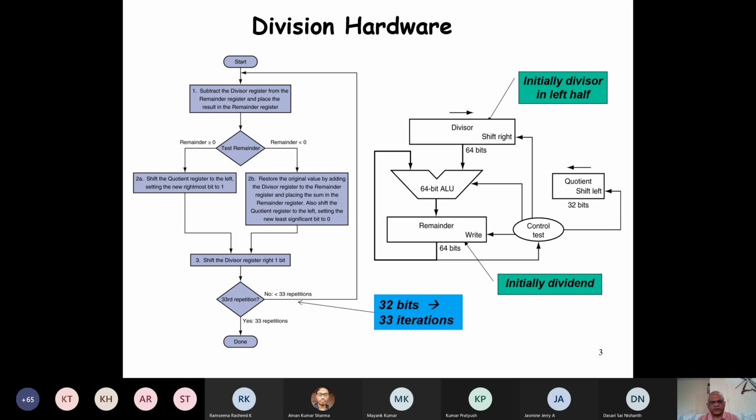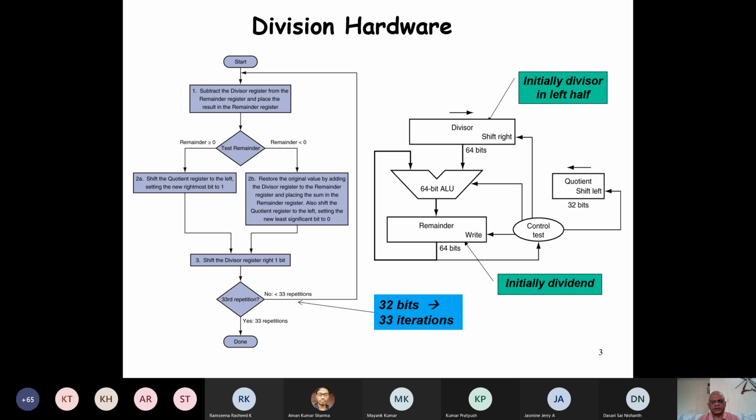Sorry, we perform a subtraction. So what will be the result of this operation? Will it be positive or negative? Can anybody answer?